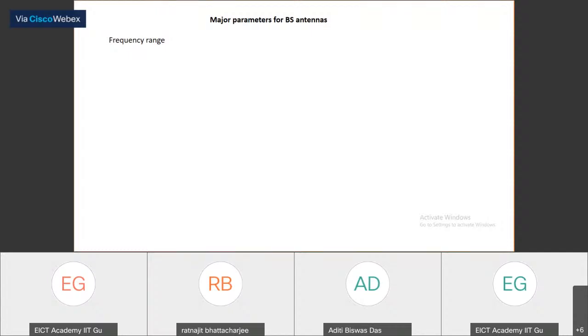And definitely, as you move higher up in the frequencies, your wavelength becomes smaller, and as we have seen, antenna design becomes very critical. The lower frequencies are similar.